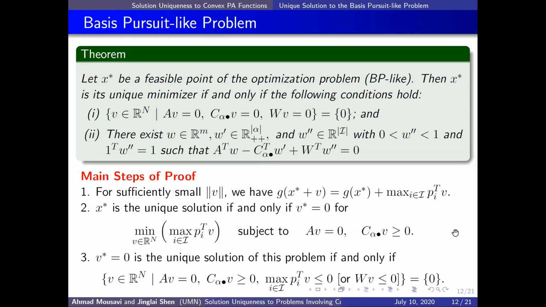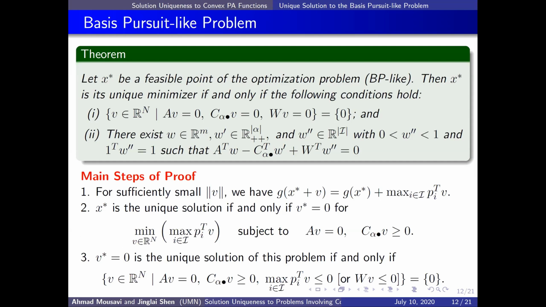That basically means 0 is the unique solution of this problem. And because AX star is equal to Y, A of V becomes 0, and you can see that I only care about active constraints here. And using that relation here, I can have this.